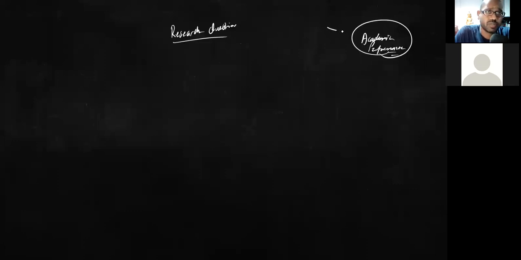So we have a certain theoretical framework, a theoretical model, and our outcome variable is academic performance. That's what we basically want to explain. We have certain predictors, and that's what we'll do. Okay, let's have a specific research question here.